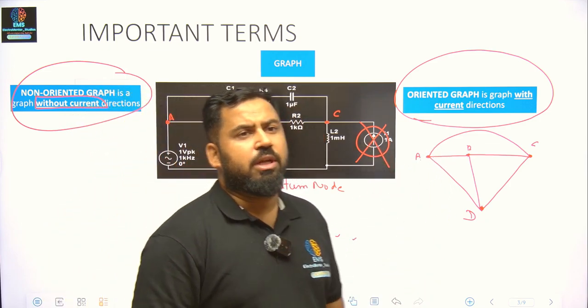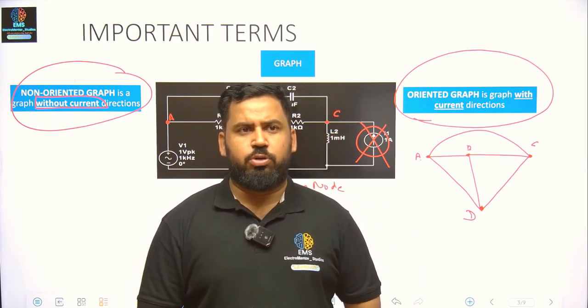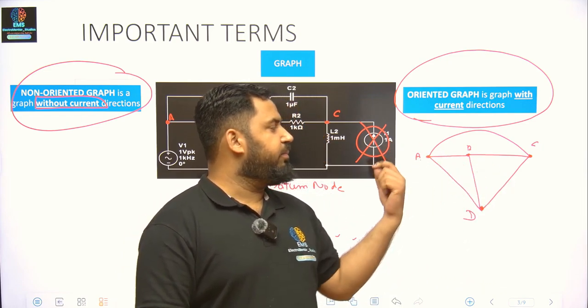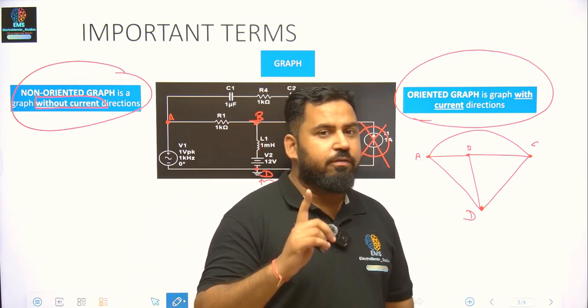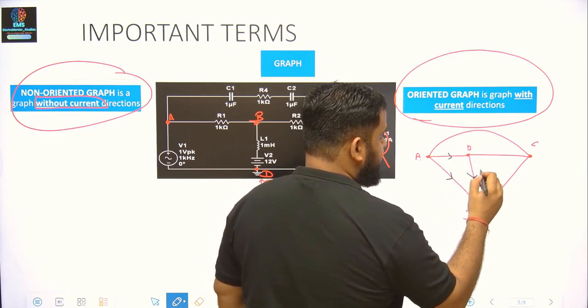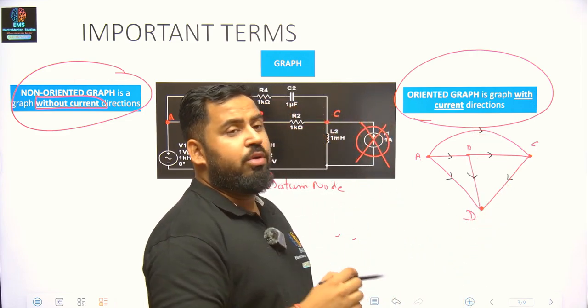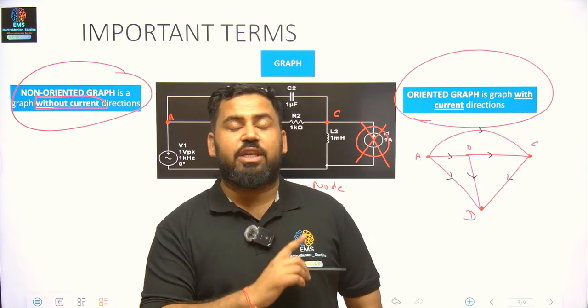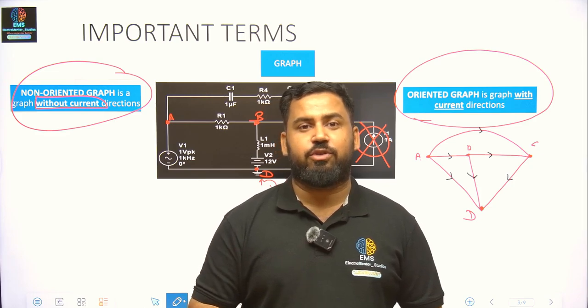Now remember students, in graph theory, we can use any direction you want. From A to B, from B to A, from A to C, C to A, whatever you want. But always remember, once you have fixed the direction of the current, for further solutions we cannot change it at any point of the graph theory.